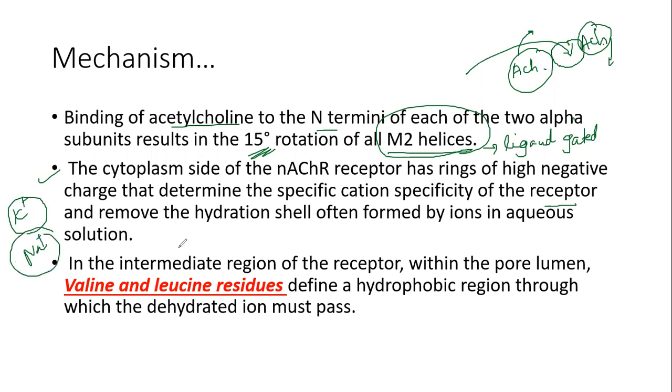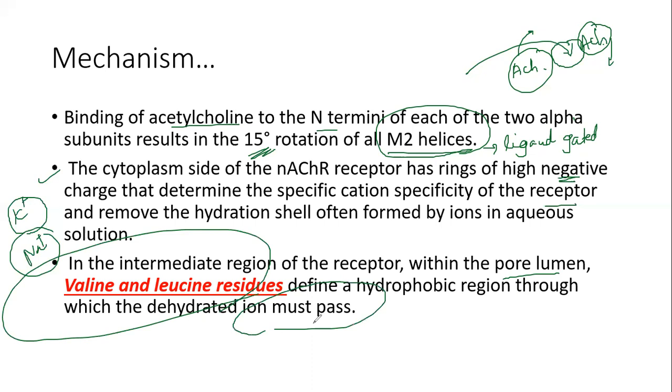So depending on which ions it is responsible for, the amino acids present will have the negative charge. Now in the intermediate region of the receptor within the pore lumen, valine and leucine residues, this is important, define a hydrophobic region through which the dehydrated ion is going to pass.